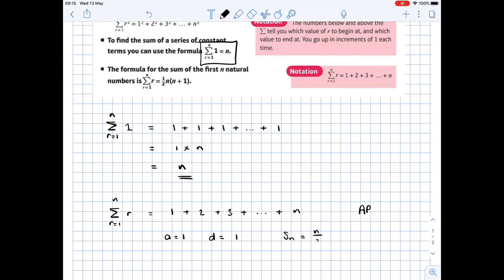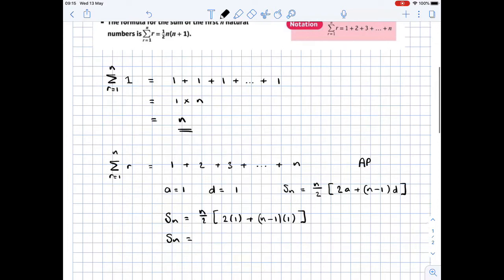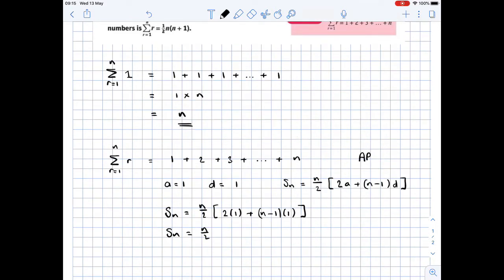n over 2, 2a plus n minus 1 times d. So filling those values in, we have the sum of the first n terms is equal to n over 2, 2 times 1 plus n minus 1 in brackets times 1, which is the common difference. So Sn is equal to n over 2.